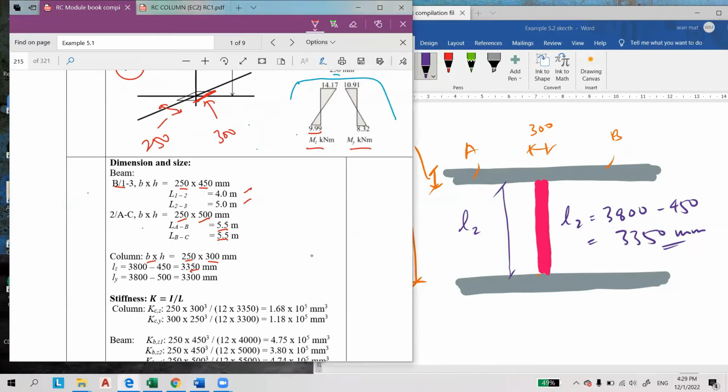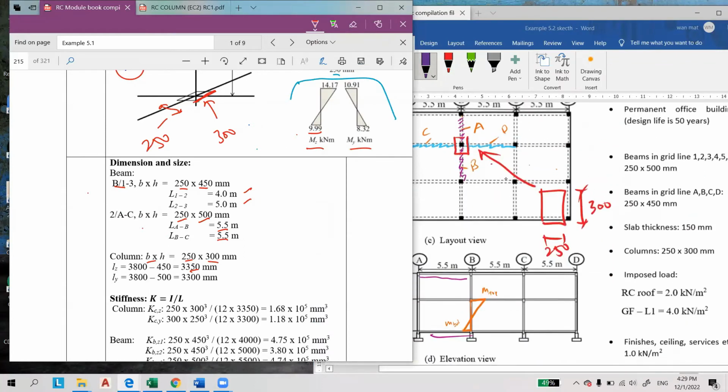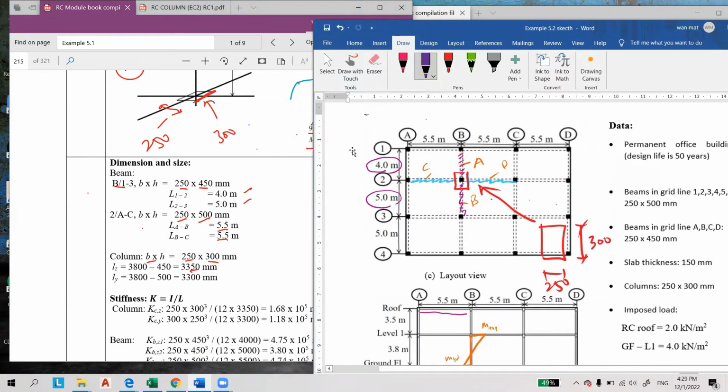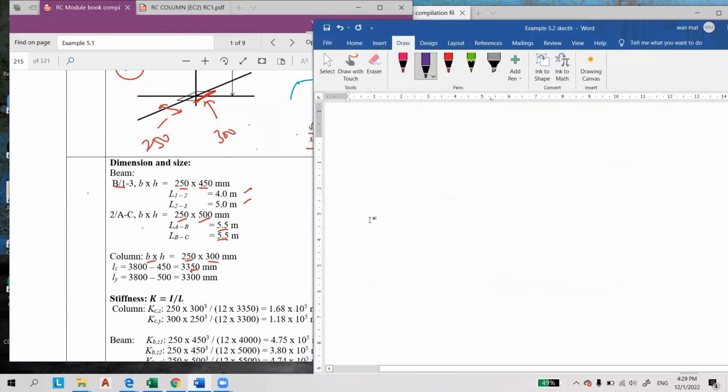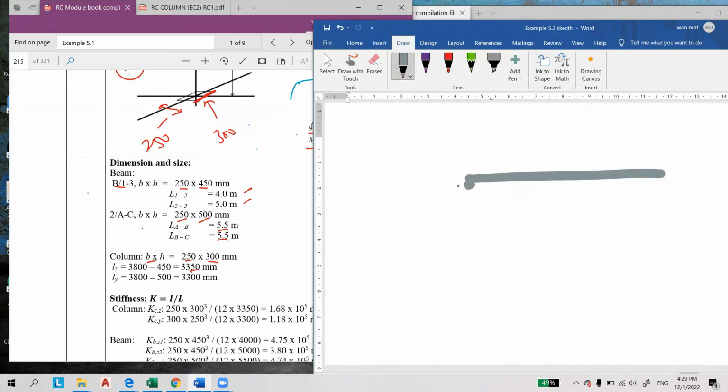And then for this side, we cut here. Then we have the beam from C and D. This is the roof, this one is first, and this one is ground, and then this is the column.